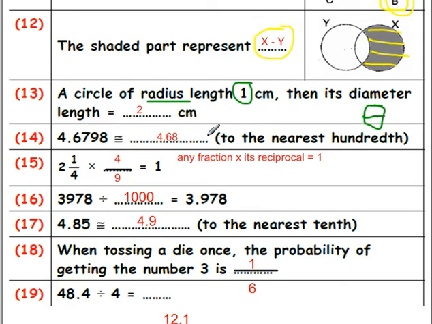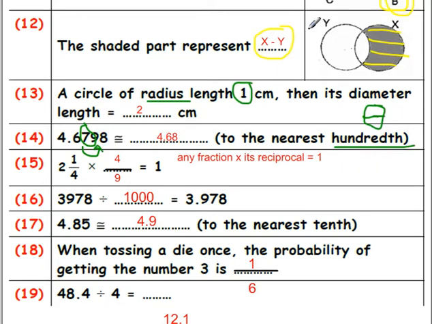4.6798 approximately equals what, if you approximate it to the nearest hundredths? Yes, first, circle your target. My target is the hundredths place, which is 7. Look at the number after 7, which is 9.